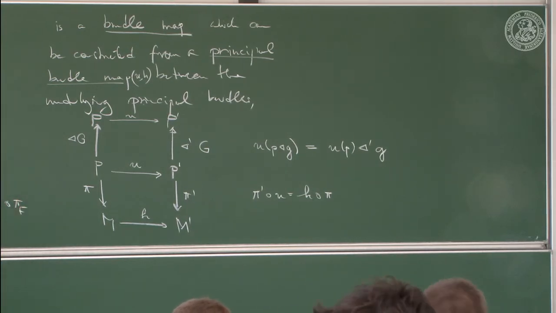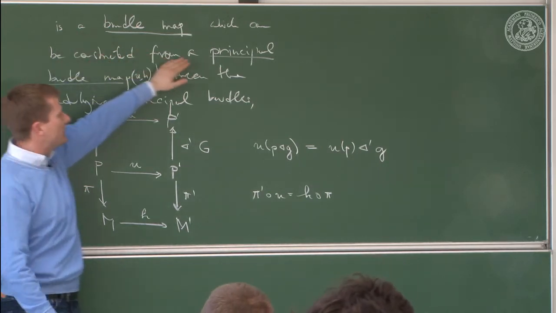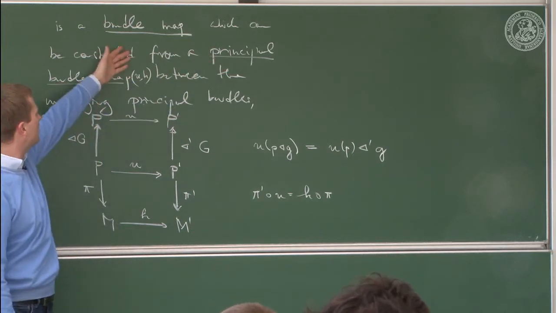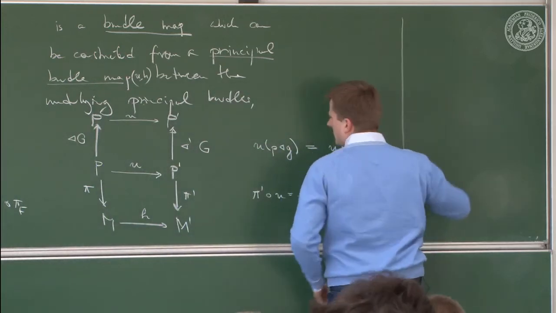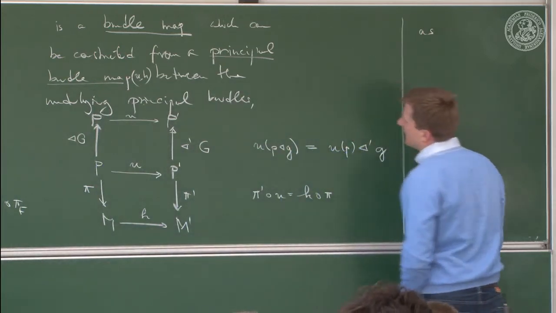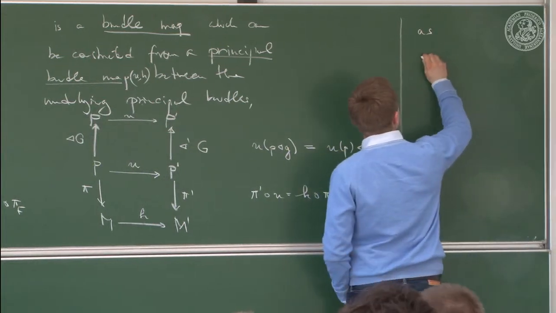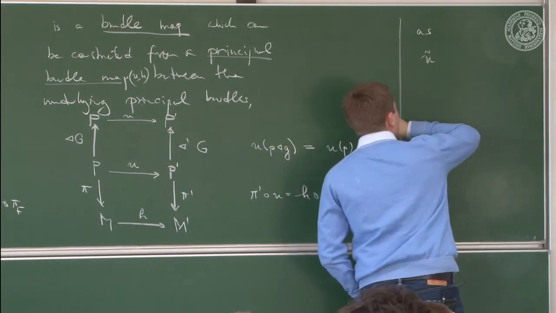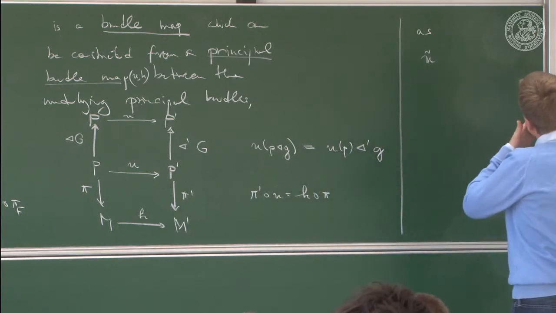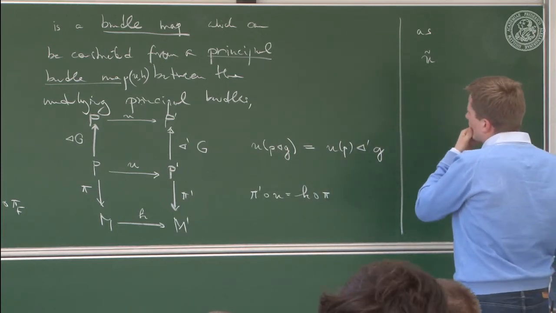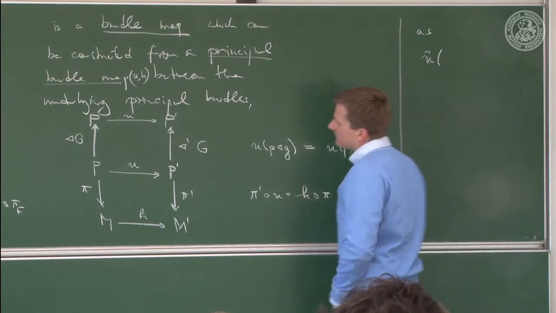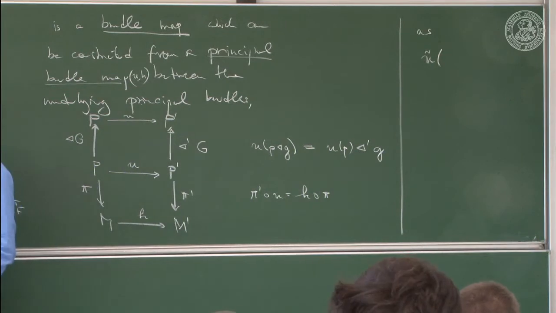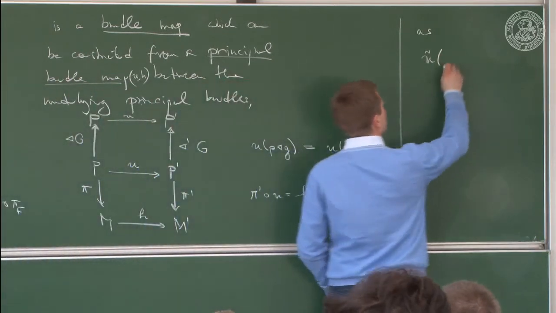So an associated bundle map is just a bundle map which, however, can be constructed in a specific way from a principal bundle map, which is this. Now I tell you how it needs to be constructed: U twiddle needs to eat an element in P_F, in the associated bundle. How does it do that?